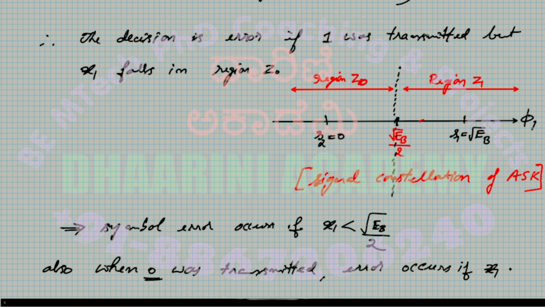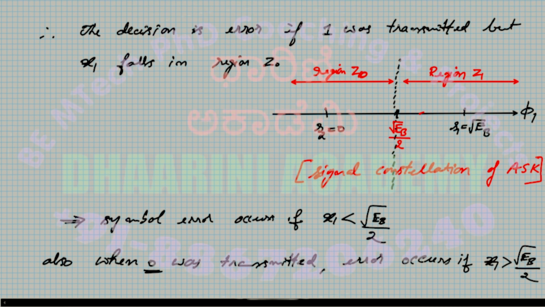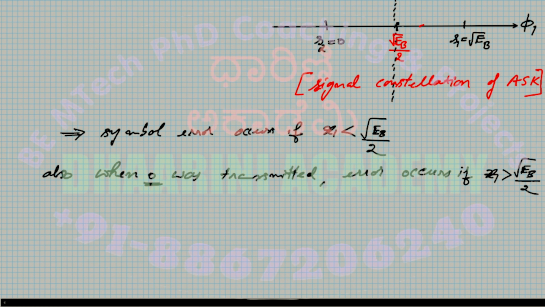The x1 is greater than root of EB by 2. Correct? Are you okay with this statement?